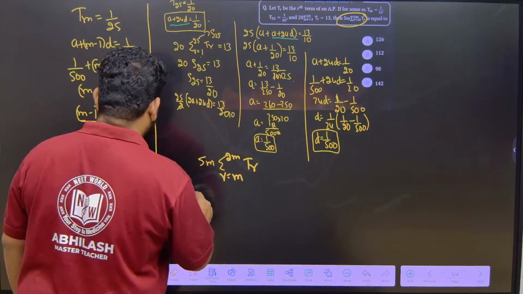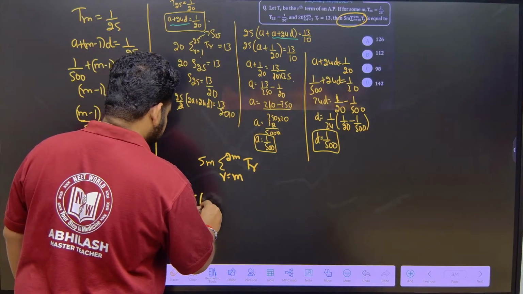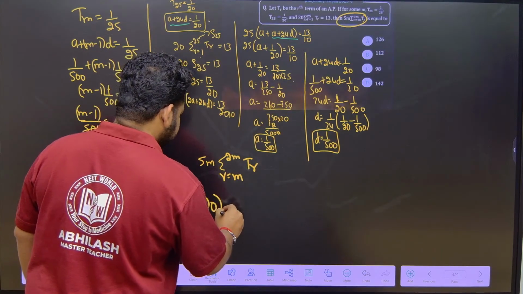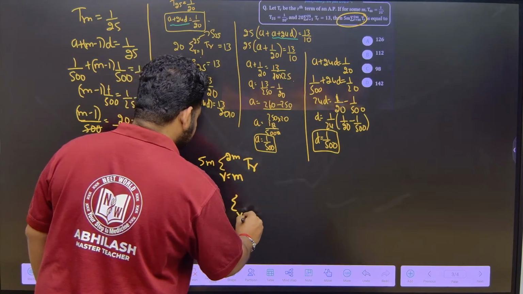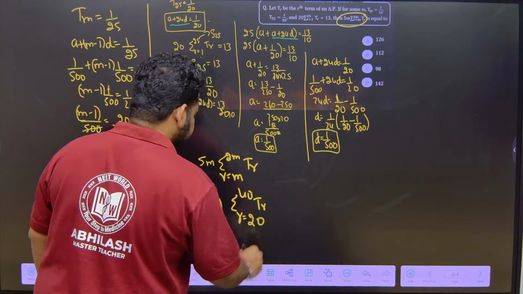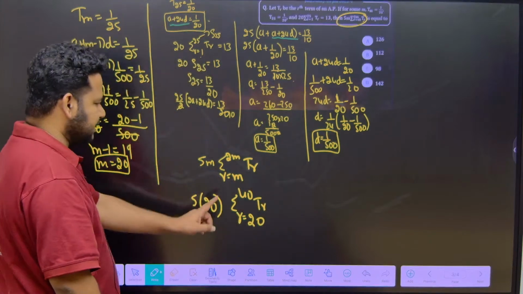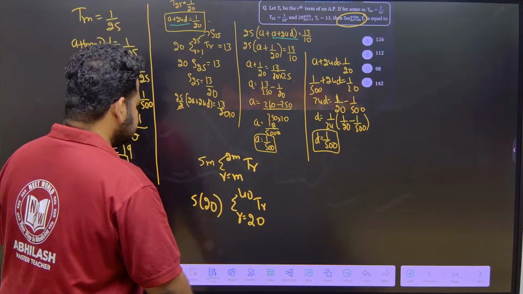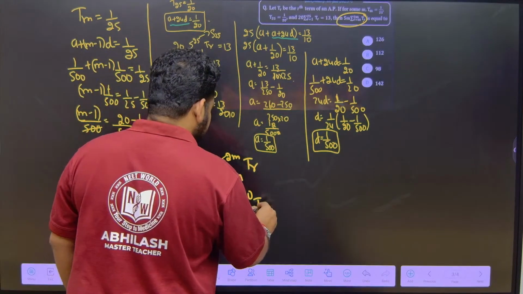5 into M is nothing but 5 into 20, and the summation of R is equal to 20 to 2M, which means 40, of TR. R here goes from 20 to 40.